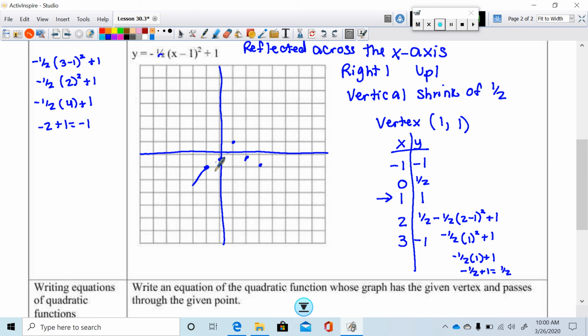Okay, these are the correct points. I'm not sure why my graph's not working out for me. Okay, it kind of goes like that. You can kind of see it's not supposed to be a V, it's supposed to be a curve. But the problem is it's like zoomed out too much. Sorry about that. I did confirm that these are the correct points though.